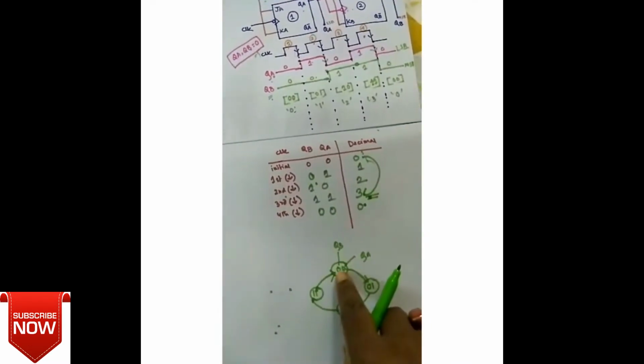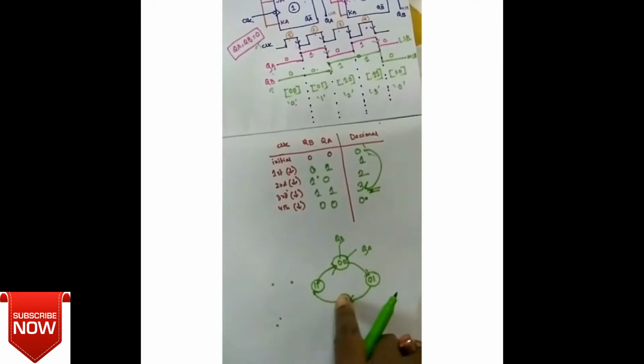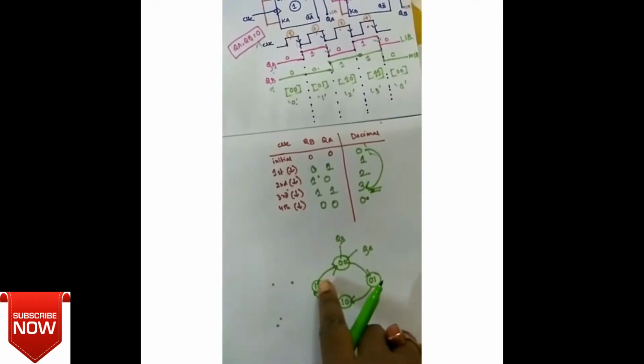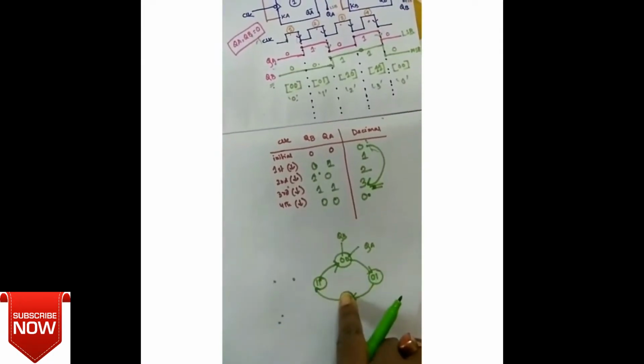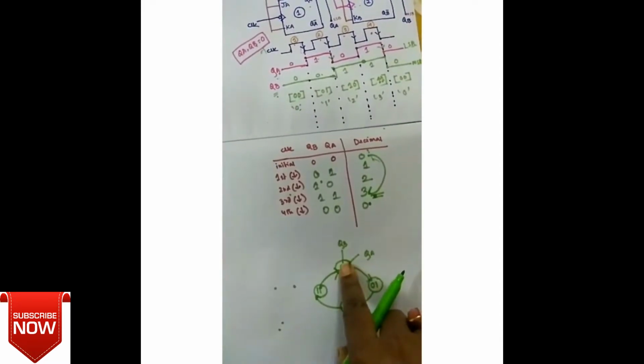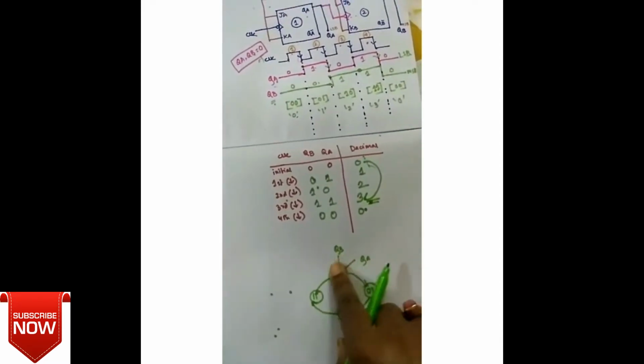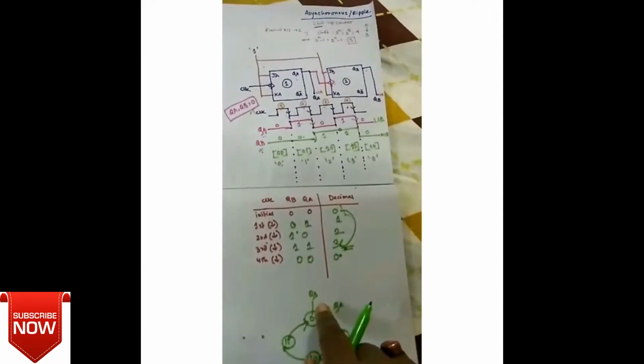Then instead of counting 0 0, 0 1, 1 0, 1 1, it will count from 1 1, then 1 0, then 0 1, and then 0 0. Okay, like the reverse way. So this is an up counter, and when it counts from 1 1 to 0 0, it is considered a down counter.